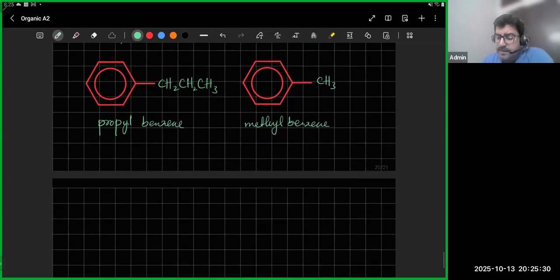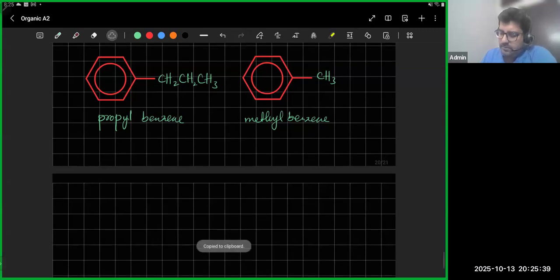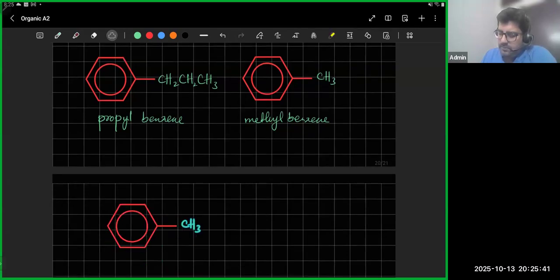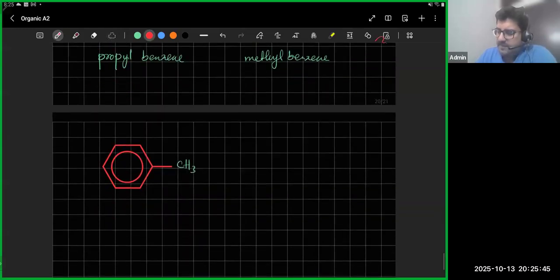You could have multiple alkyl branches as well. So if I have this and I have another one, let's say I have another branch and that also has a methyl. So this would be called, you're going to count from the side that is the closest.